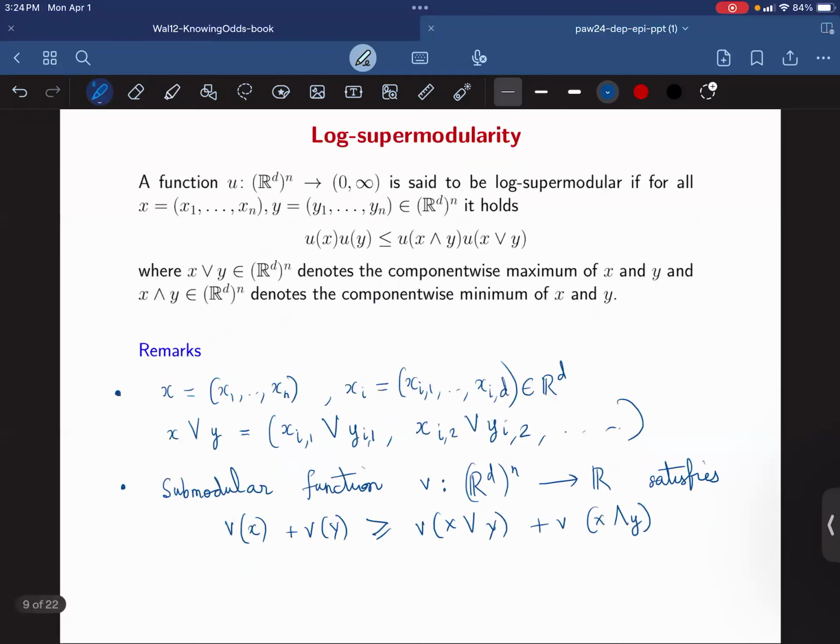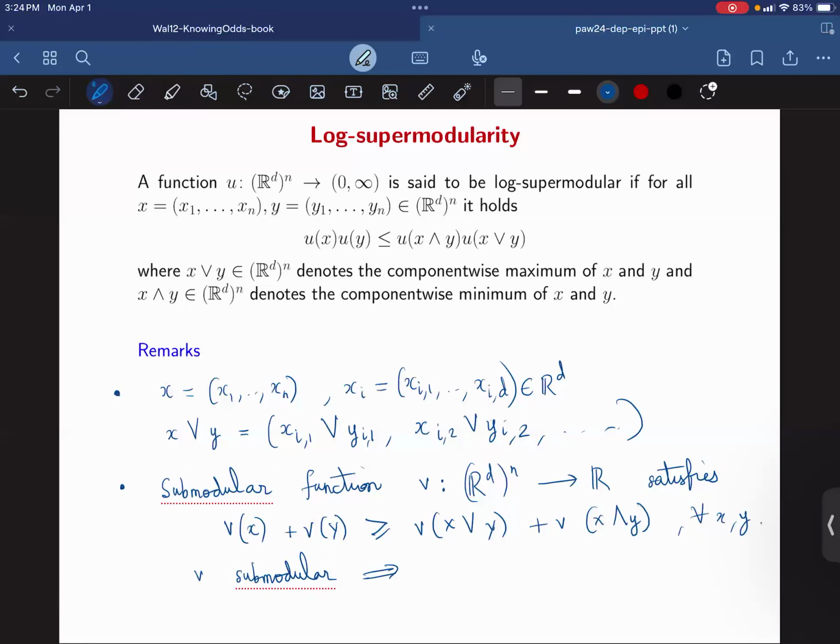And it's a classical fact that v submodular is basically equivalent to the following: for all i not equal to j, let me just say this on R^n, but of course one can do this on R^nd too, the second mixed partial derivatives of this function are less than or equal to 0, right?